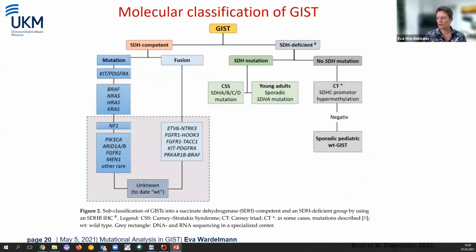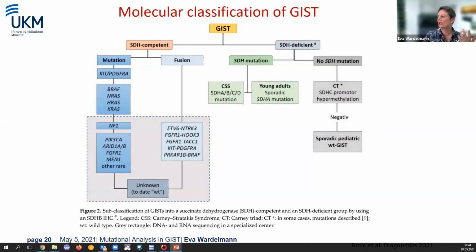So if we now take that and want to make a new molecular classification, then we have to say there are on one hand these SDH competent cases. So we have the SDH complex. And in this group belong the KIT and PDGF receptor alpha mutants, all these mutations here, and also some very rare fusions, so translocations in genes. It's very, very rare. And on the other hand, you've got the SDH deficient ones, where you've got the loss of this complex.